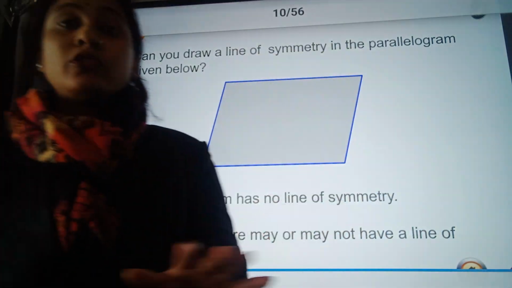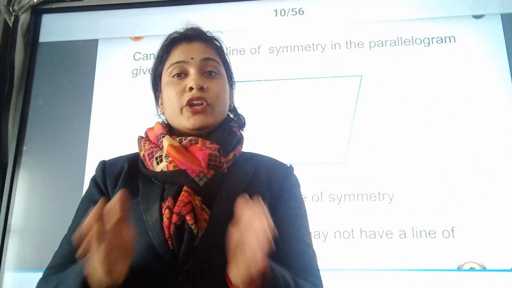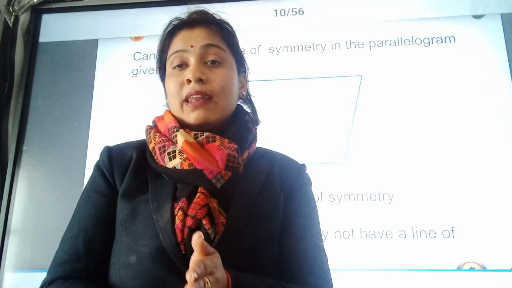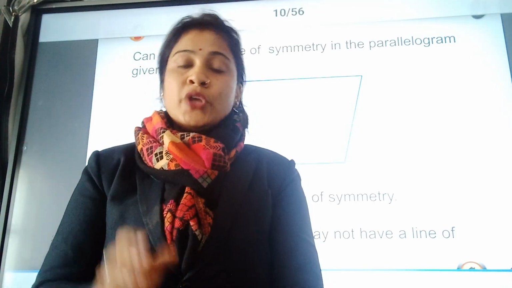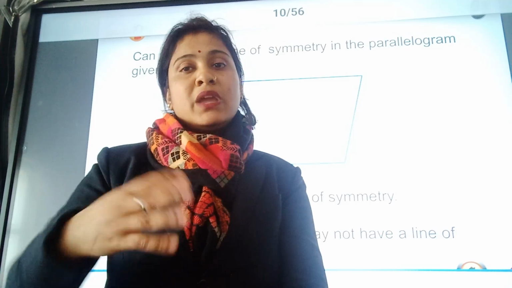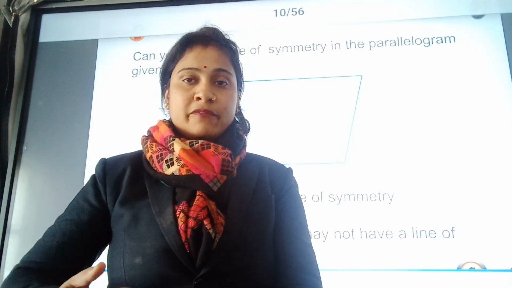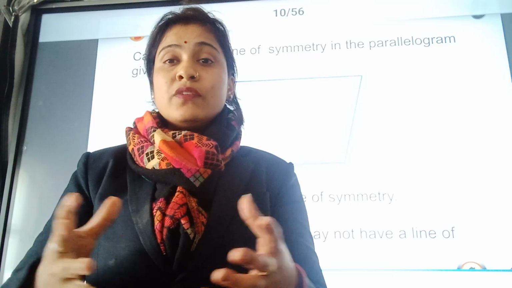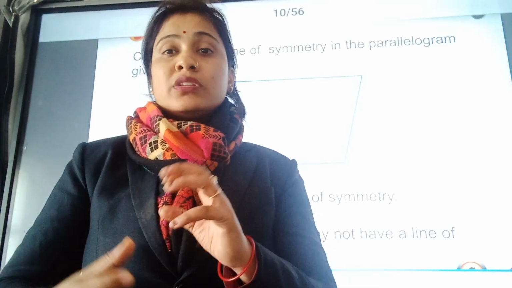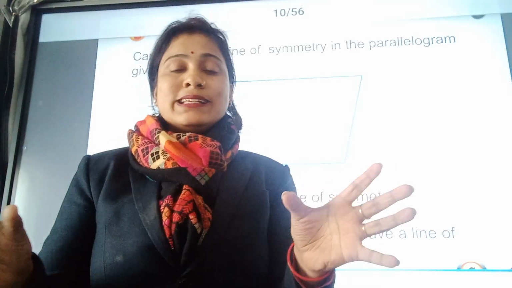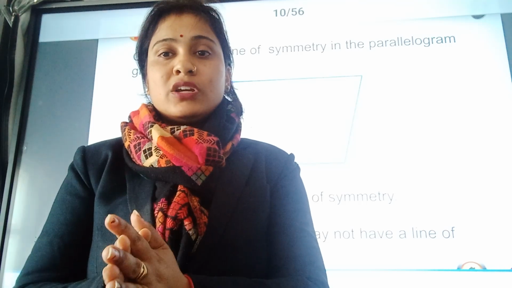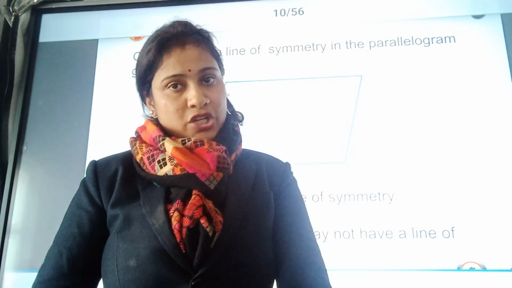It's not mandatory that all figures, if I fold them along a line, will give a symmetrical figure. So there is a possibility that the given figure may or may not have one. We will be discussing the line of symmetry, and how figures are symmetrical in different shapes.